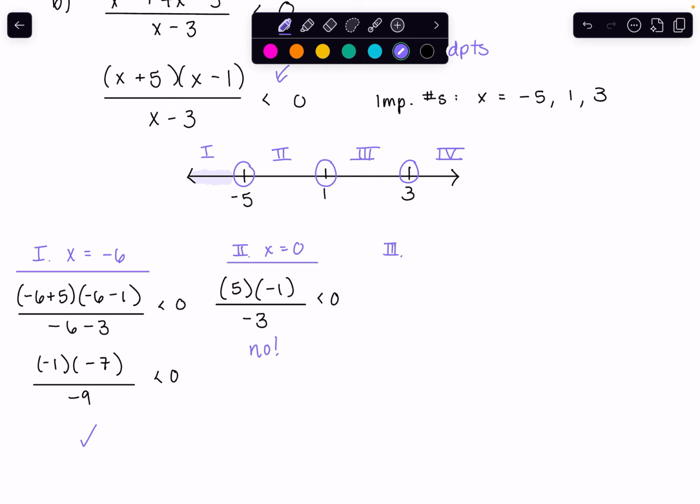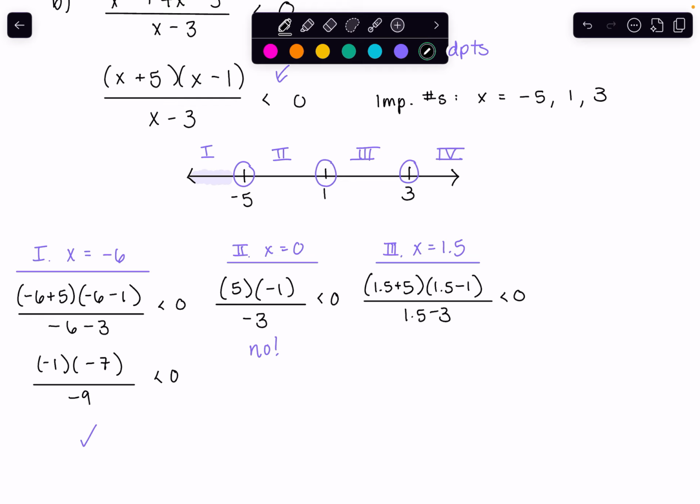Moving on to interval 3, you can definitely pick 2. But again, what I'd like to show you is if this was a 2, I'd have to pick a number in between those, and that would be a decimal. So I'm going to show you how to do that with a decimal, just for good measure. Okay. If I pick 1.5, that gives me 1.5 plus 5, 1.5 minus 1, and then 1.5 minus 3.